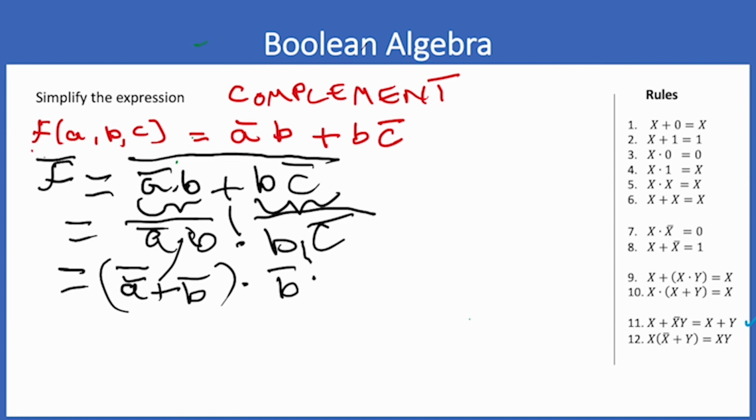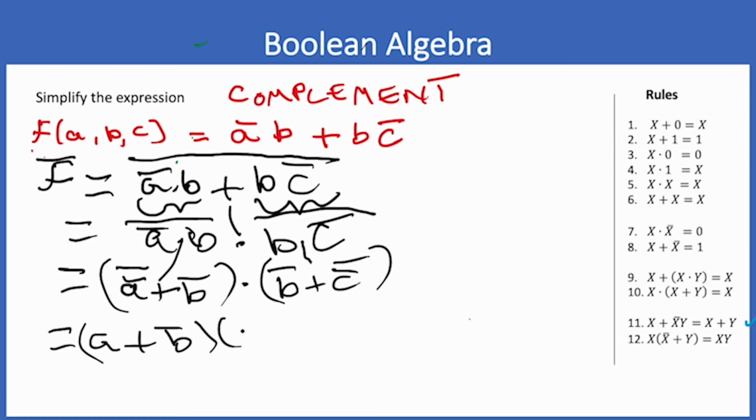This goes to a plus, C bar, bar. Okay, so it's equal to A plus B bar times B bar plus C.